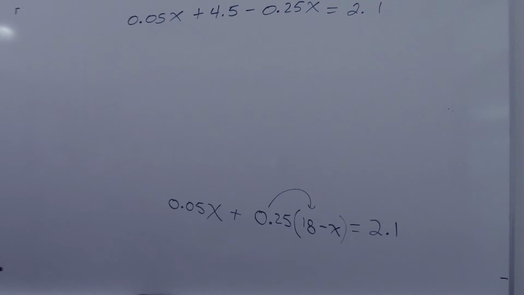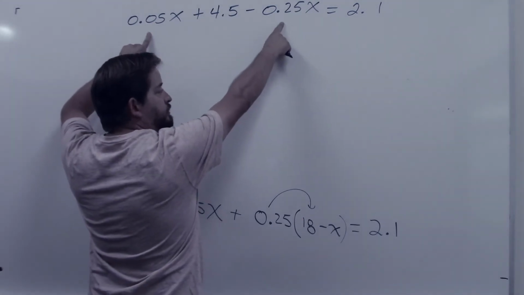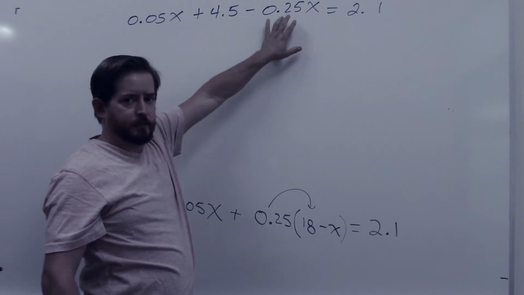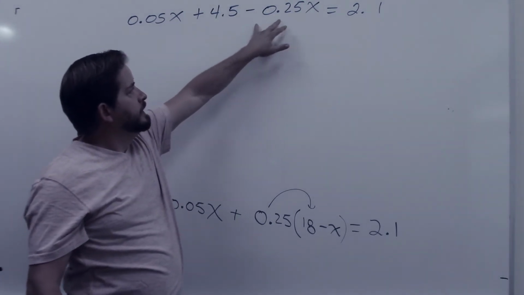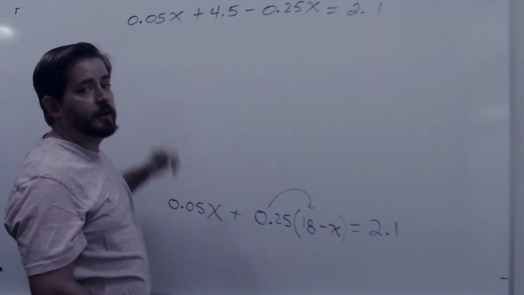If I combine like terms here, I can combine 0.05x and negative 0.25x. Recall that 0.25 in magnitude is larger than 0.05, so my negative number is greater in magnitude than my positive number, so I should end up with a negative number.